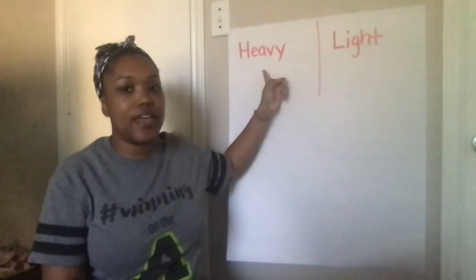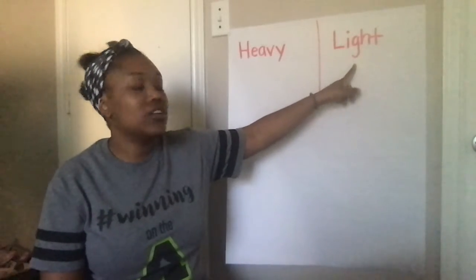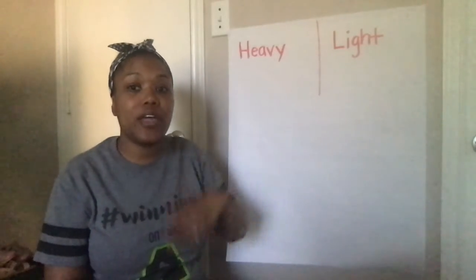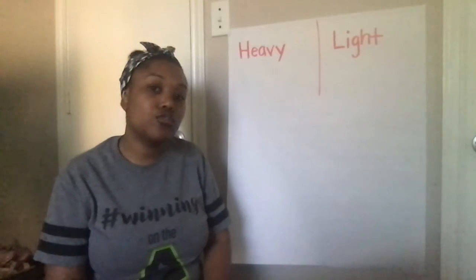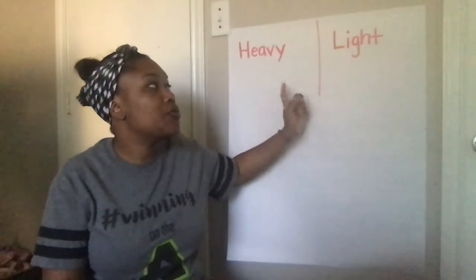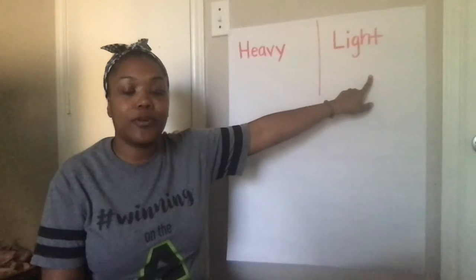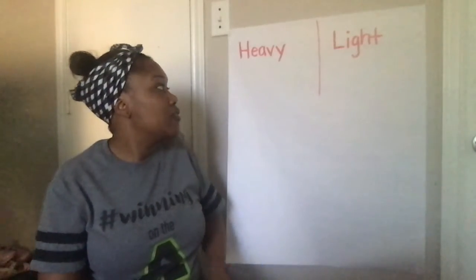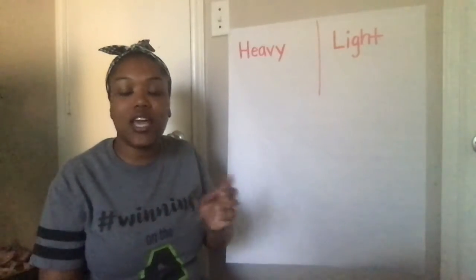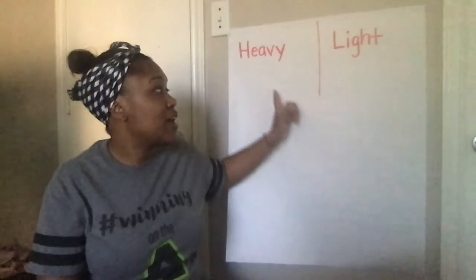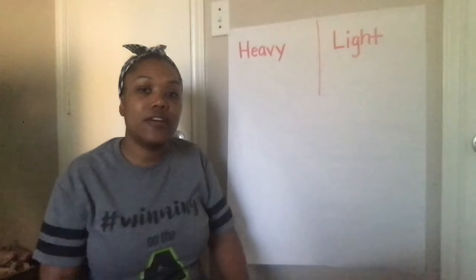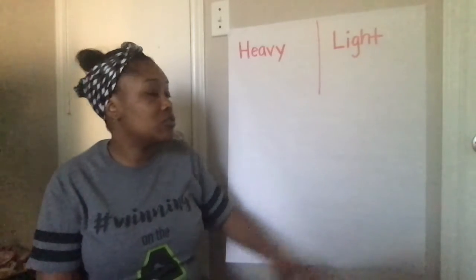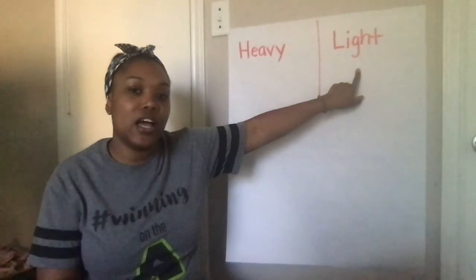I have the word heavy and I have the word light. We are going to compare a few objects that I've gathered, and we are going to sort them into a heavy group and a light group, okay? Now, when we look at the heavy object, I'm going to write the name of the heavy object over here. When we compare it to the light object, I'm going to write the name of the light object here.